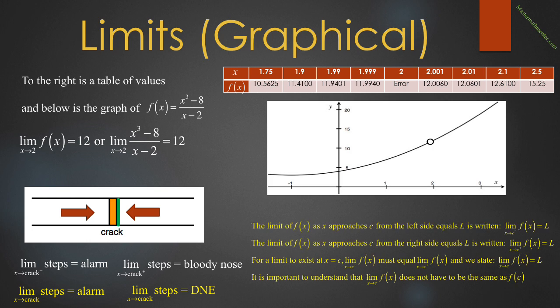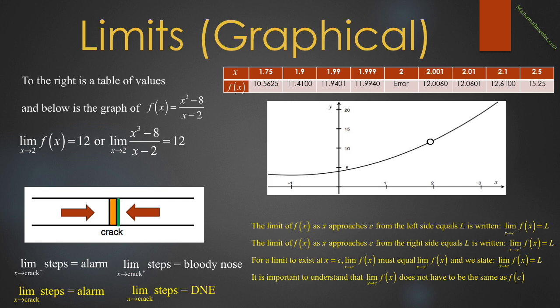We show the notation for the left-hand limit, the limit of f of x as x approaches c from the left-hand side, and the right-hand limit, the limit of f of x as x approaches c from the right-hand side. For the limit to exist, the left-hand limit must be the same as the right-hand limit.